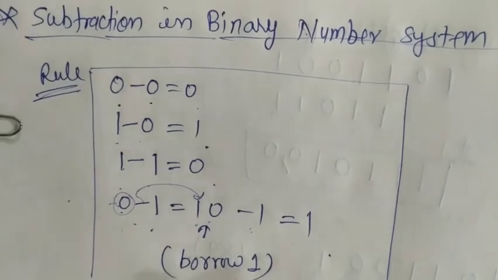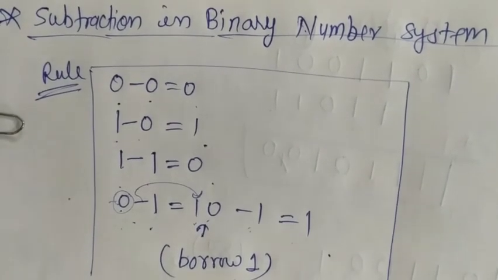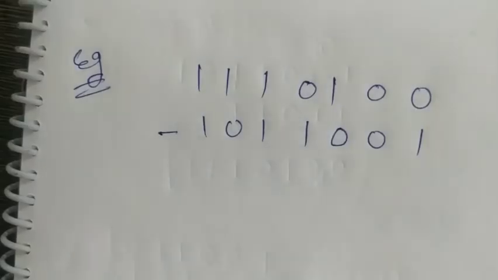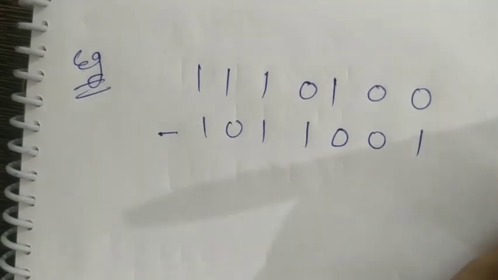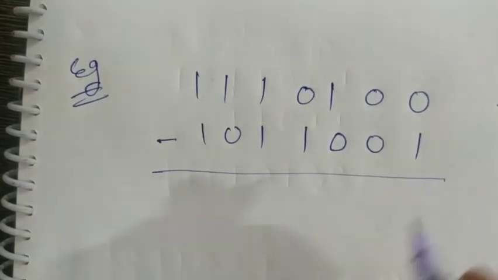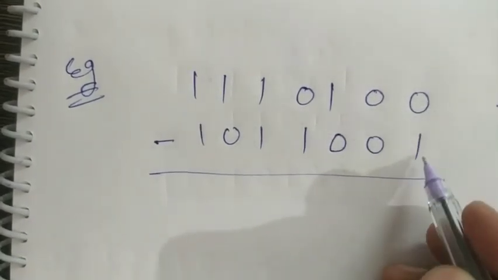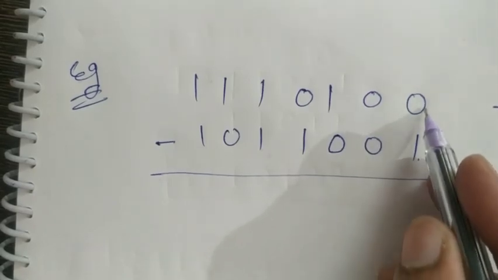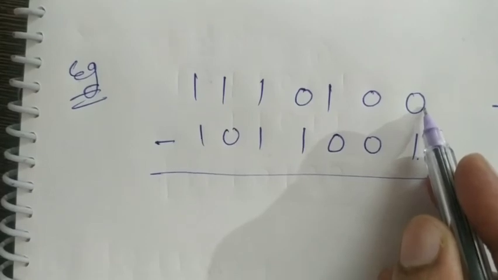Okay students? Now we will consider a question. We are considering the previous question as it is. Always align from the rightmost side. Now subtract this. 0 minus 1, we cannot subtract 1 from 0, so I need to borrow.